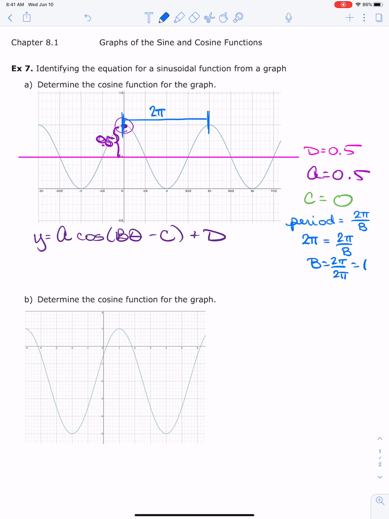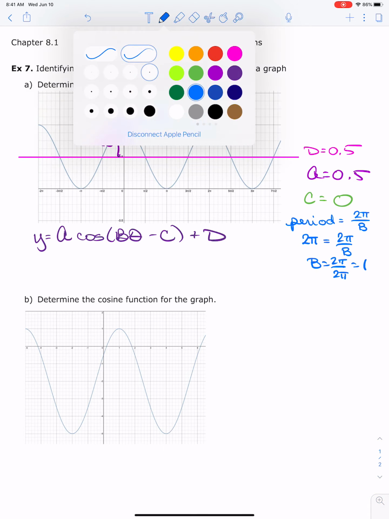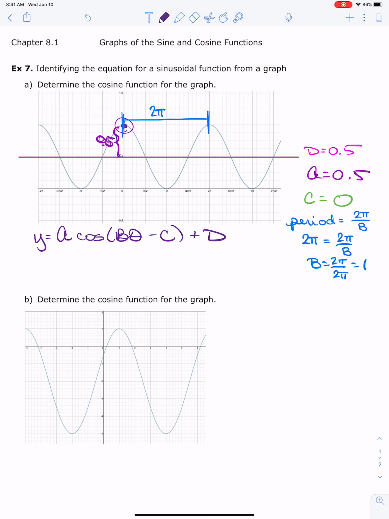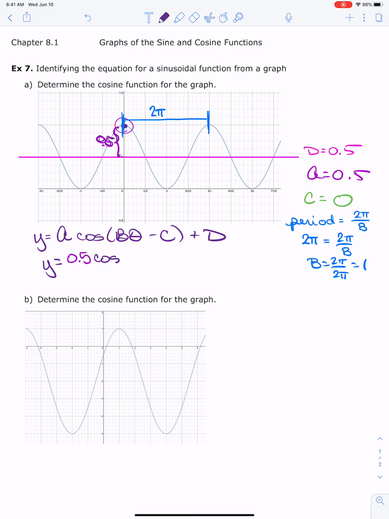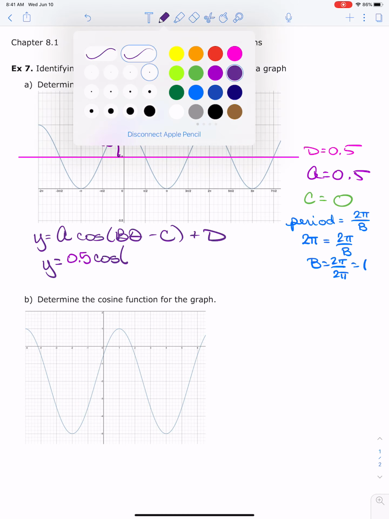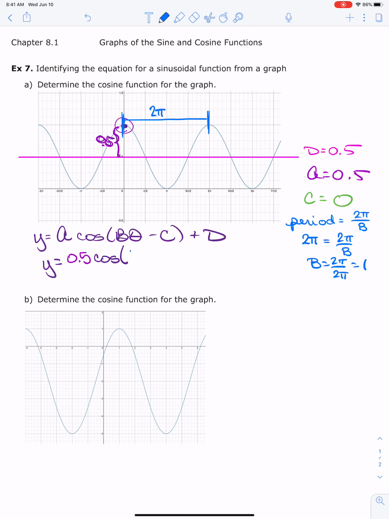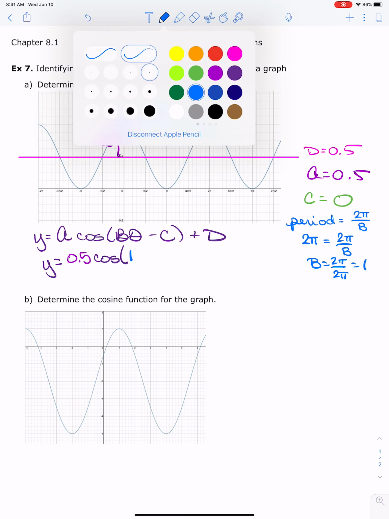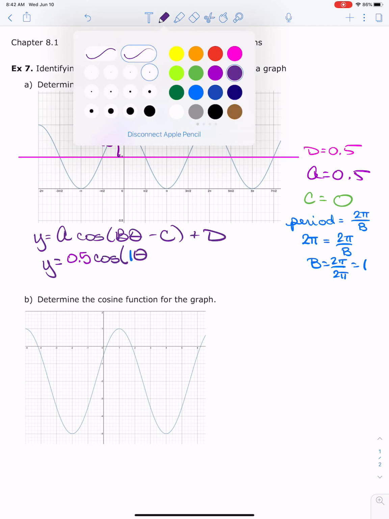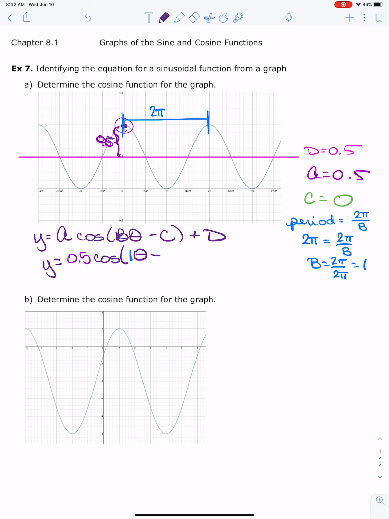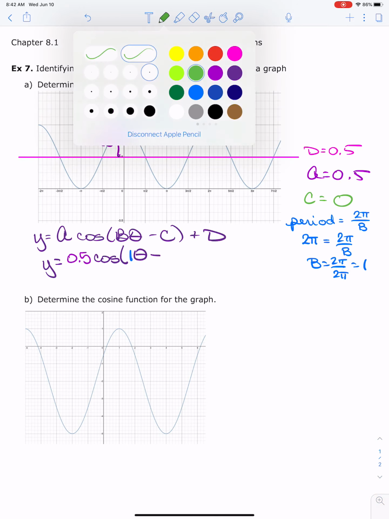Okay? So here's our equation. Y equals, my A is 0.5. I have the cosine of, and just so we don't feel like we're leaving anything out, I'm going to put that 1 in there. We don't need that, but I'm also going to put in the fact that my C is 0.